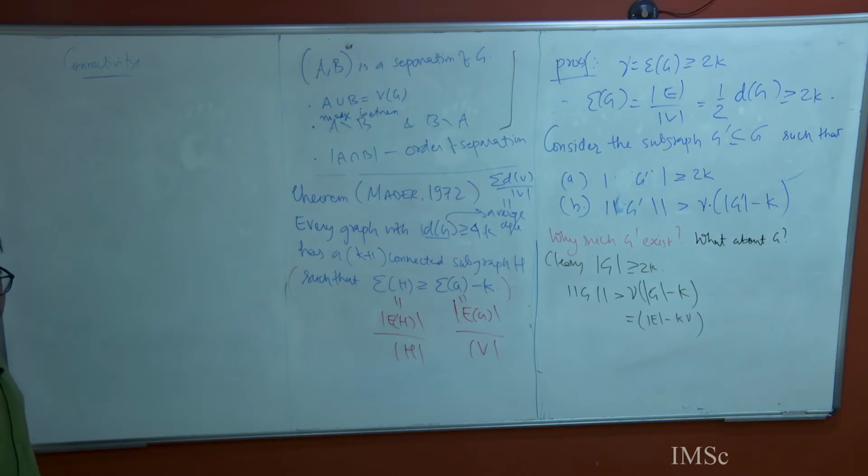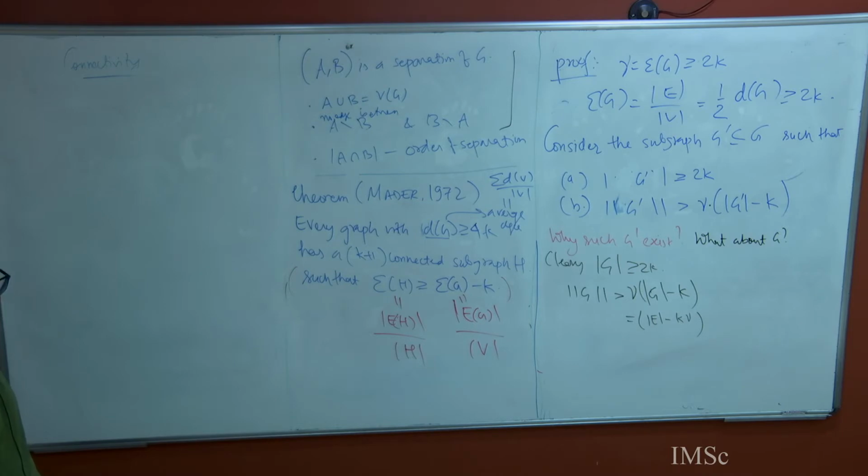The graph could be 0 connected, right? Then what is he saying? You just find a k plus 1 connected graph, right? Then just pick any connected component and that should satisfy this property for you.